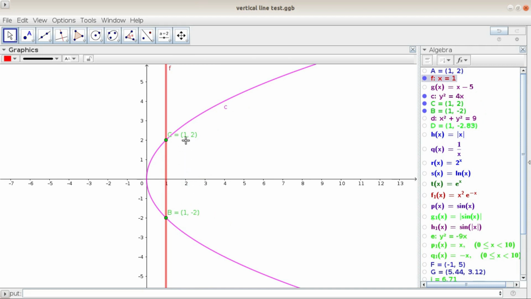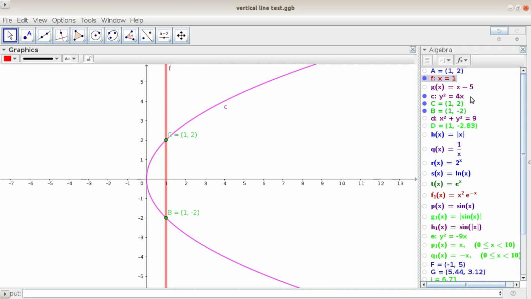Here the x value is 1, C is the point (1, 2) and B is the point (1, minus 2). For x equal to 1, we have two y values. So this curve is not a graph of a function. For a single x in the domain, x has two images, 2 and minus 2. So y square equal to 4x is not a function.